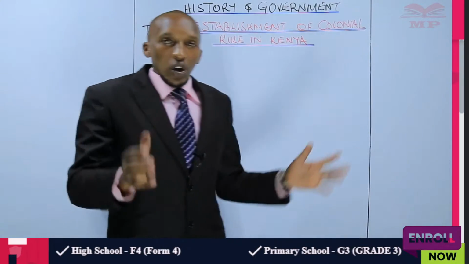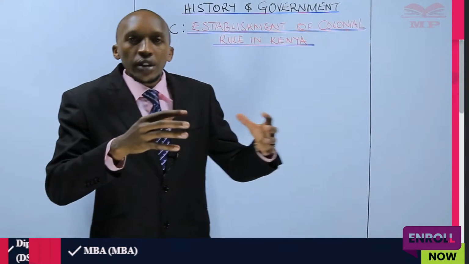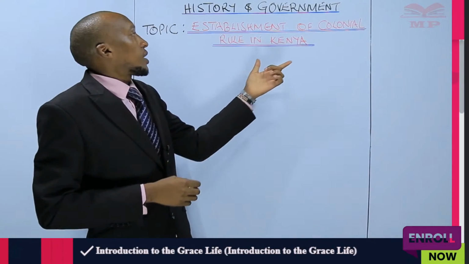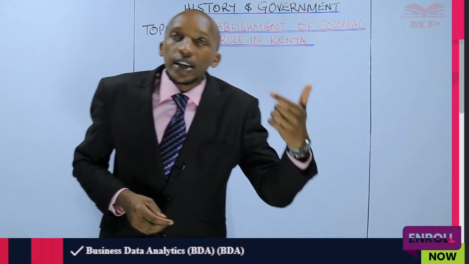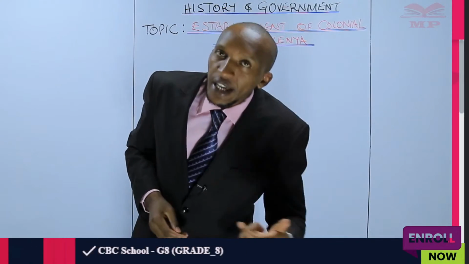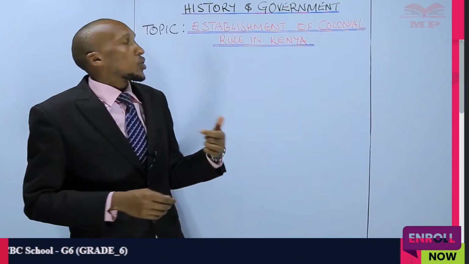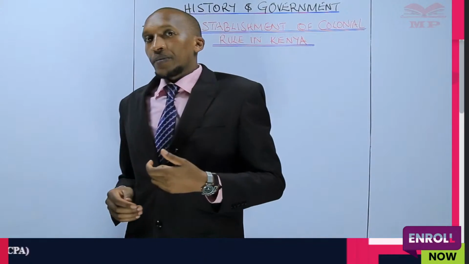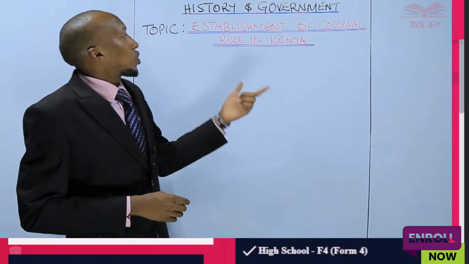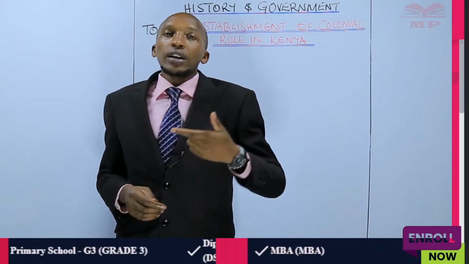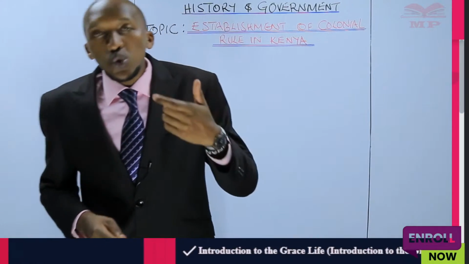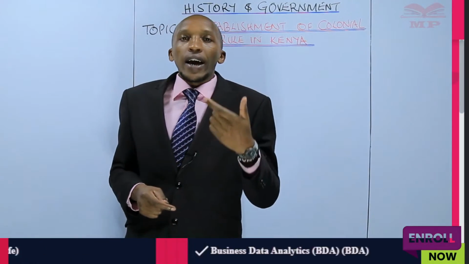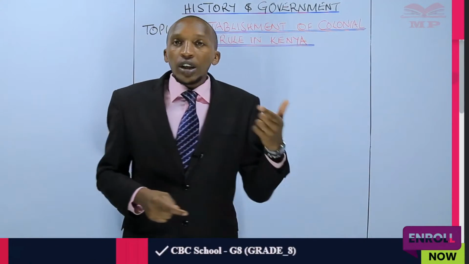So based on that, now we come down and look at how the Kenyan territory was colonized. And the first thing to mention, it was colonized by the British. The British took control of the Kenyan colony.